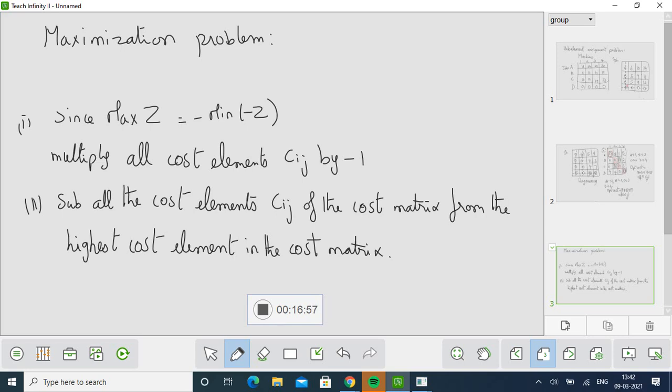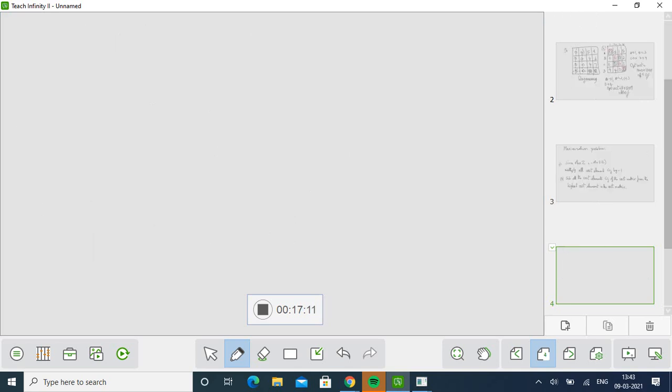A company has a team of 4 salesmen, and there are 4 districts where the company wants to start business.